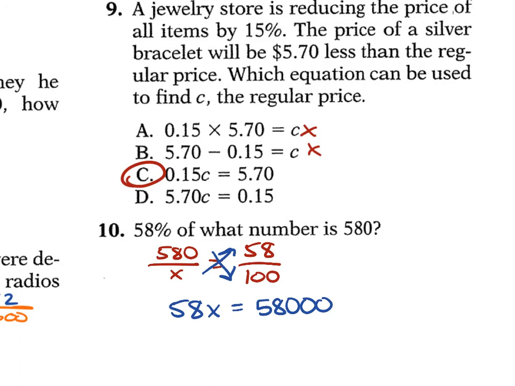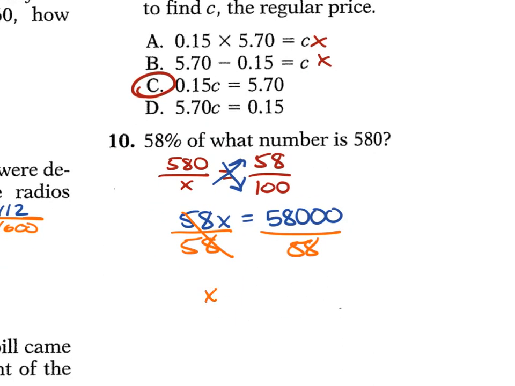We are then dividing each side by the 58. So x is equal to 1,000. So this means that 580 out of the 1,000 is the 58%.